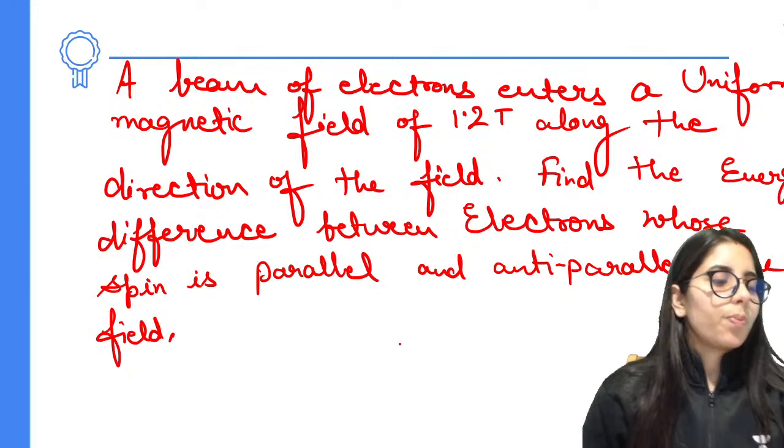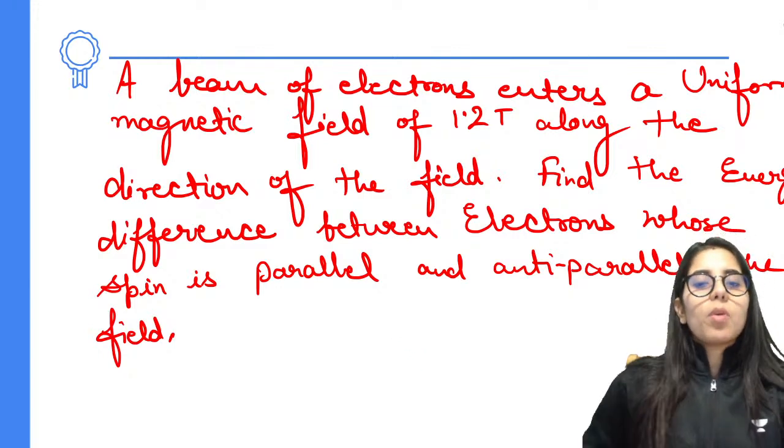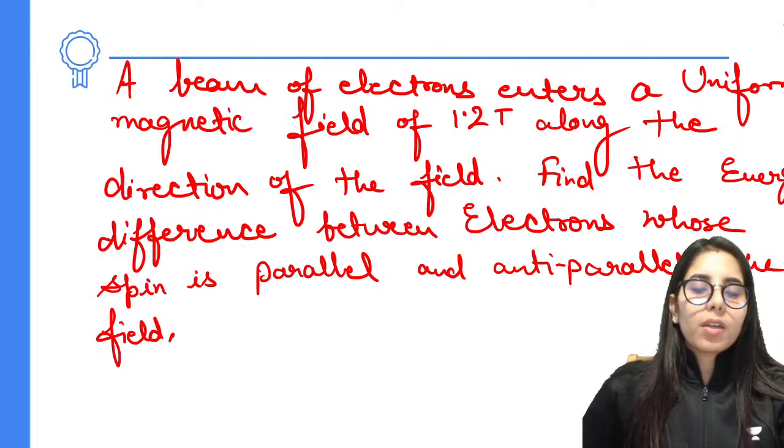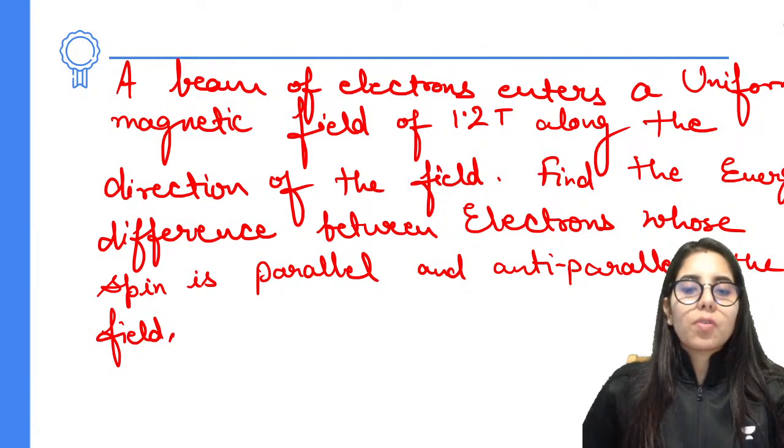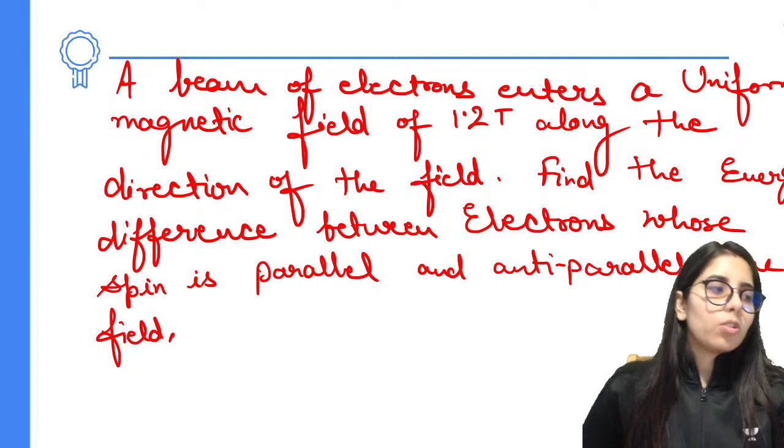This is the question. The B value has been given to you, 1.2 Tesla. Find the energy difference between electrons whose spin is parallel and anti-parallel to the field.